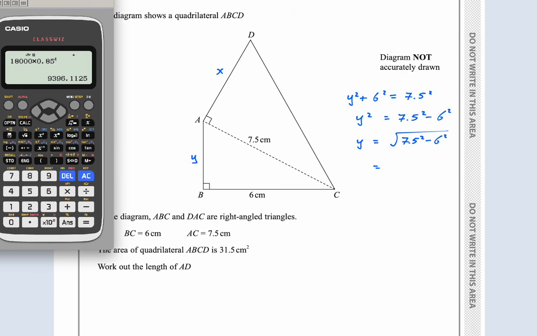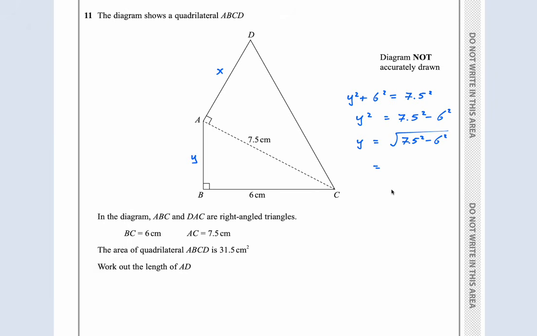Now, let's do the square root. The square root of 7.5 squared minus 6 squared is 9 over 2, which is 4.5. That's nice. 4.5. So that means this is 4.5.